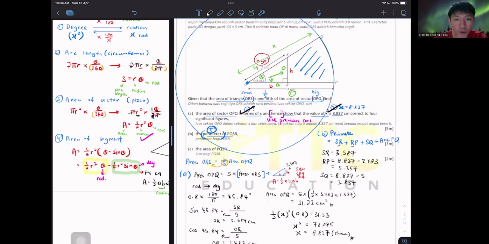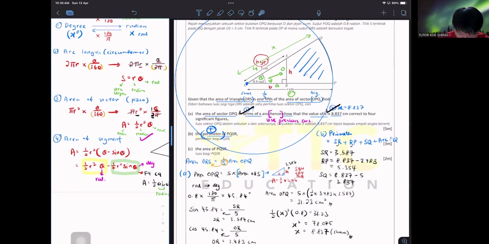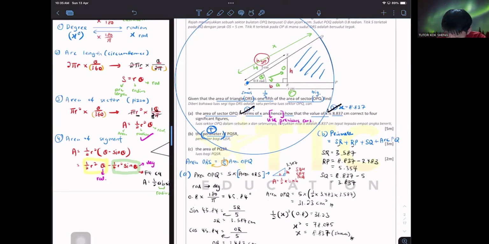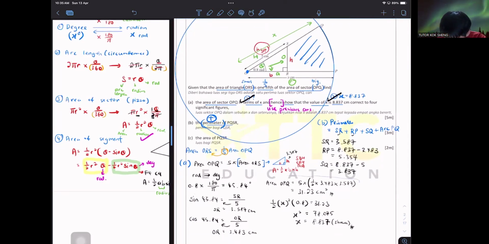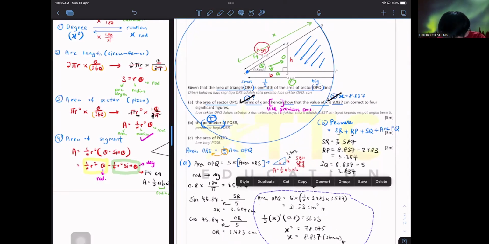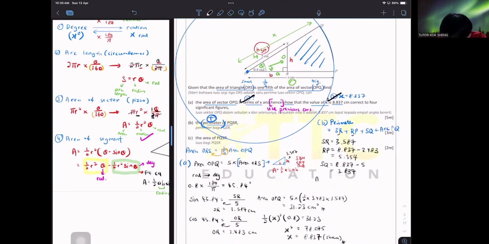Last one, PQ. The PQ here is the arc, right? So we go for the formula. Where is the formula? Here. Okay, for the PQ. Arc PQ, radius as usual, x again.